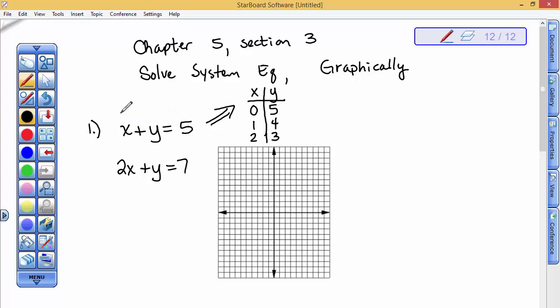So x is 0, I don't go anywhere in this direction, I go up 5. X is 1, I go to the right 4. X is 2, I go up 3. I have a feeling I just said that last one backwards. I go to the right 1 and up 4. This one I go to the right 2 and up 3. Then right 3 and up 2, right 4 and up 1, and finally I could go to the right 5 and not move in the y direction at all.